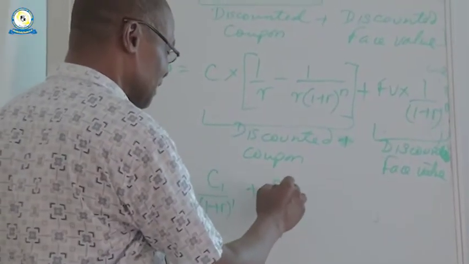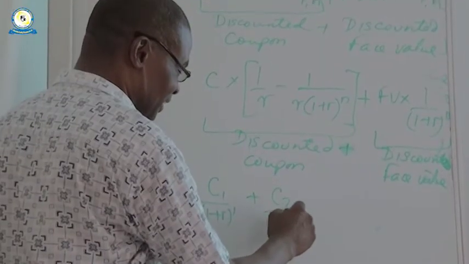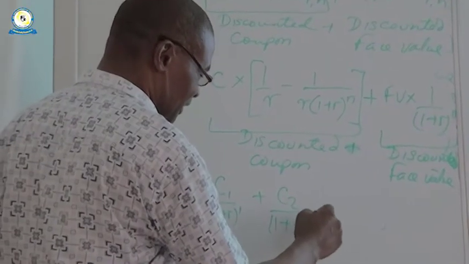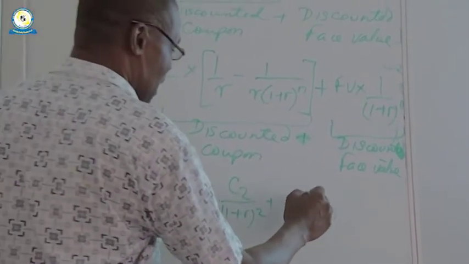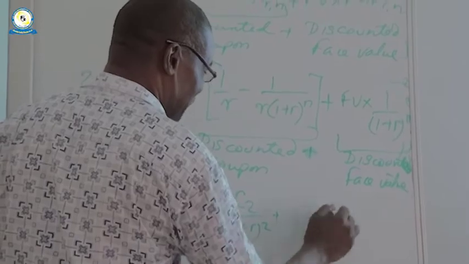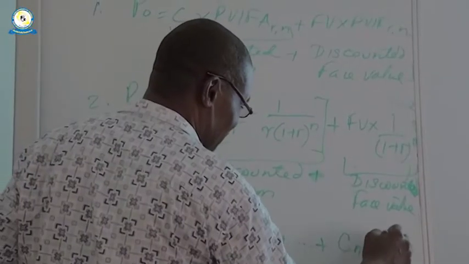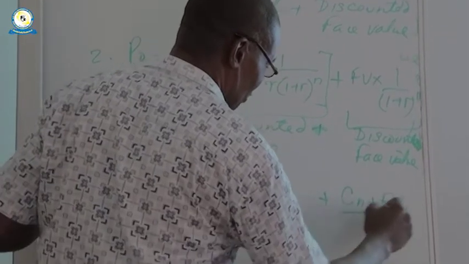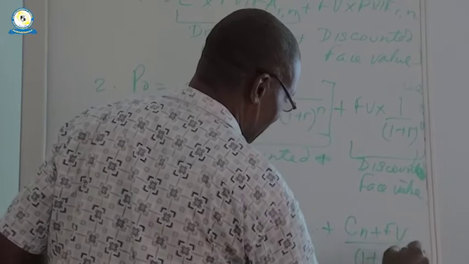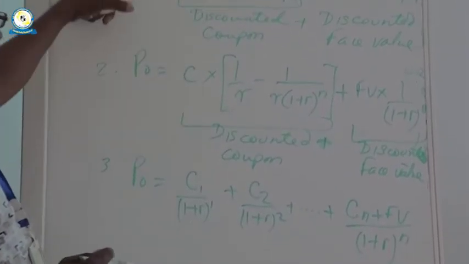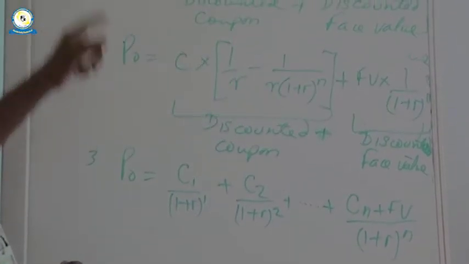You discount the coupon for the second year over 1 plus R squared, plus the third year, until the n-th year, Cn plus face value over 1 plus R power n. So you can use any of the formulas to calculate the price of the bond.